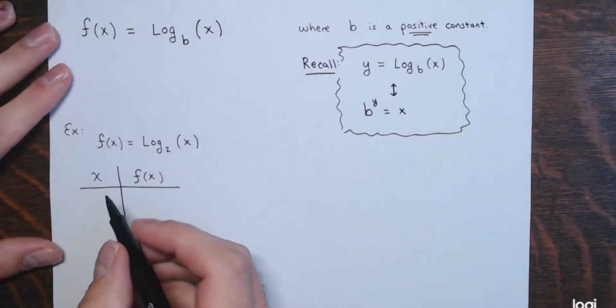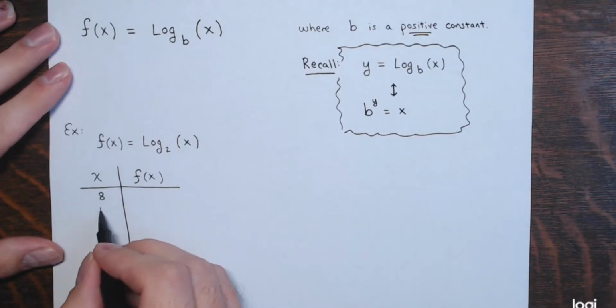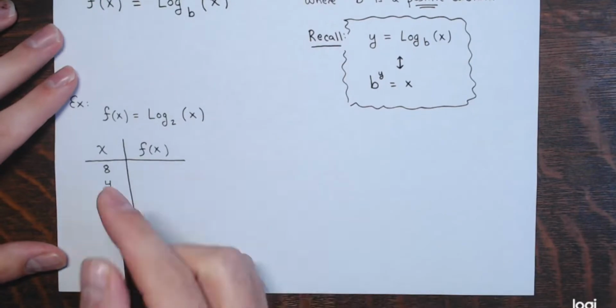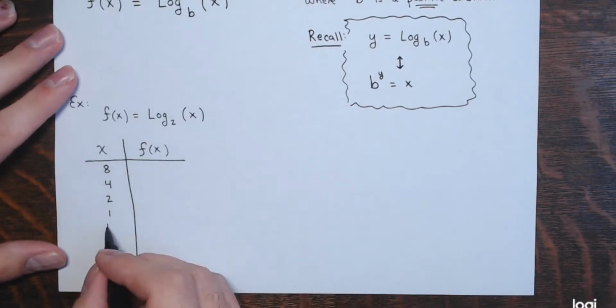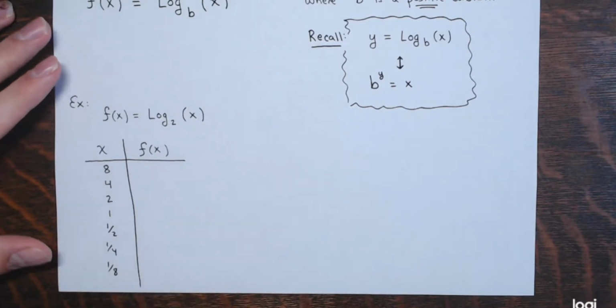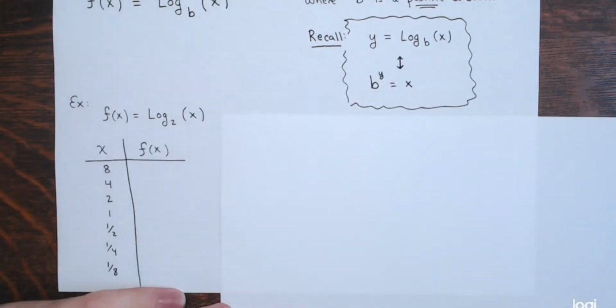So powers of 2, say I plug in 8, plug in 4, plug in 2, plug in 1, just keep cutting these in half, 1/2, plug in 1/4, plug in 1/8, and what am I going to get? Hopefully again, I'm hoping you recall how to do these logarithms from section 10.3 part 1.